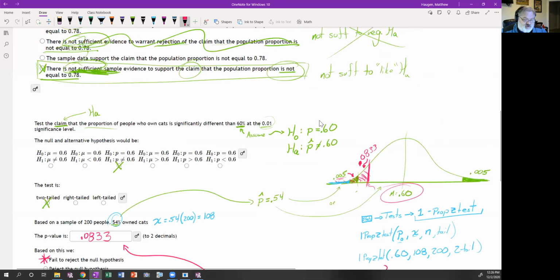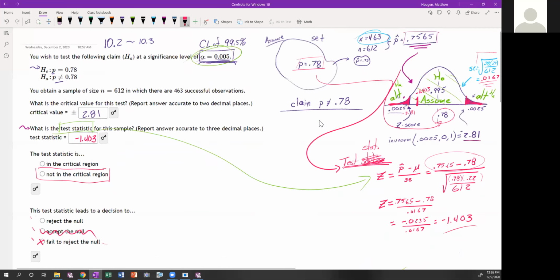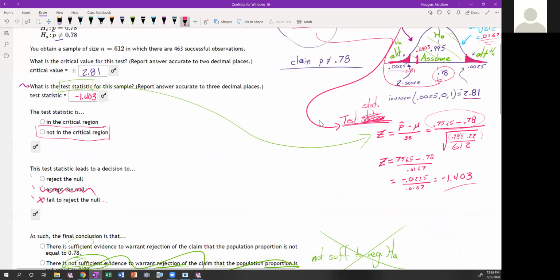And again, we could have done that up here with more of our hand skills. As soon as we found this negative 1.403, we could have taken that negative 1.403 and done those chapter 7 skills to figure out what the area is below. And that area below would have been bigger than 0.0025.